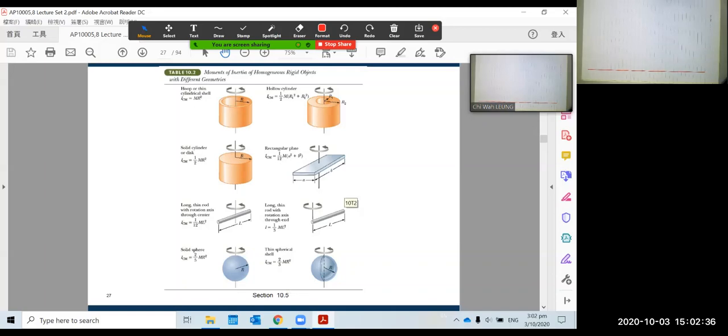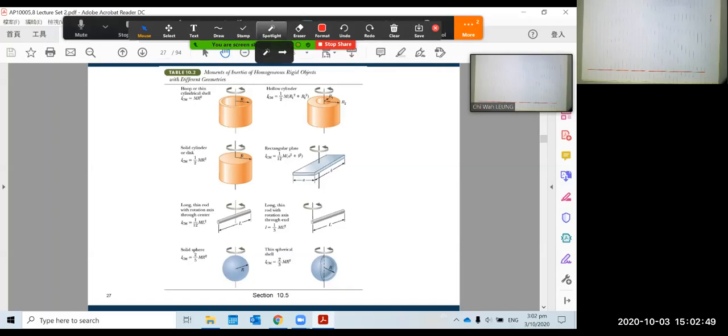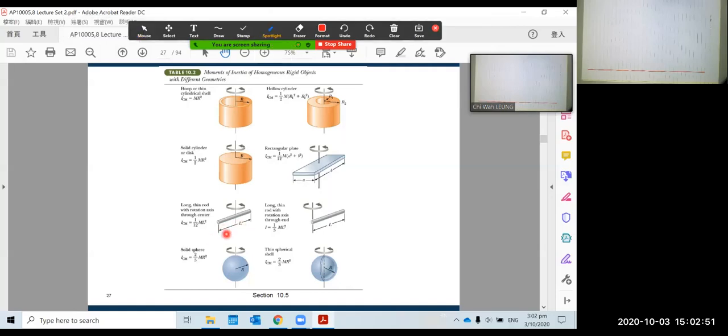Now, coming back to what I've just talked about, if you have the axis of rotation changing from one place to the other, like in the case of this rod, if we are moving the axis of rotation from the center of mass location to the end, would there be a simpler method to do the calculation? The answer is yes, as long as we have these two axes of rotation that are parallel to one another.